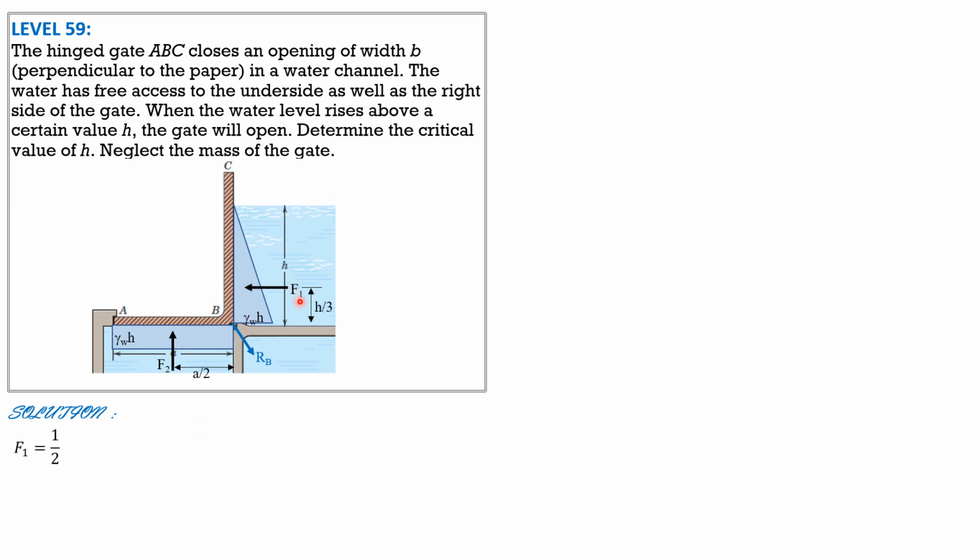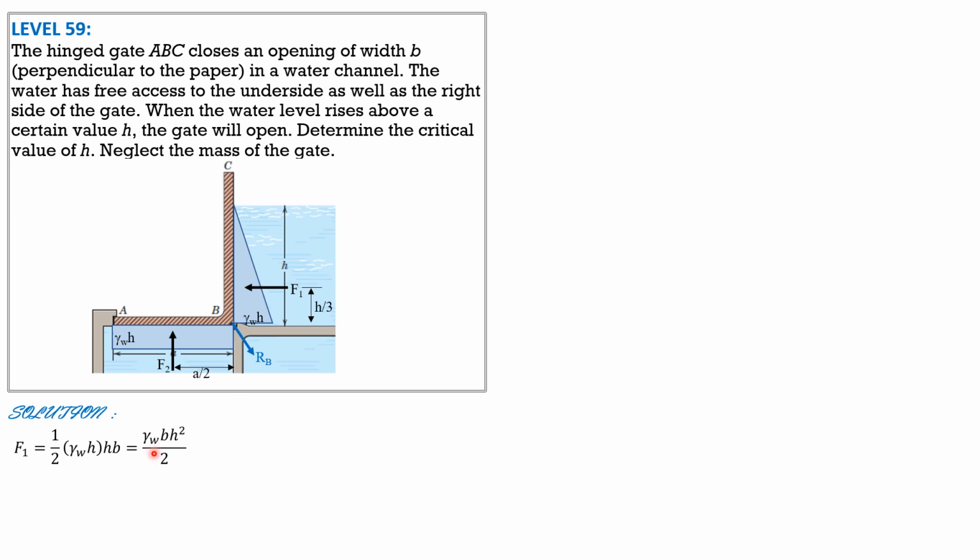So F1 times H over 3, which is equal to the volume of this pressure diagram, is 1/2 gamma H times height H, then times perpendicular to the board B. So that's the volume of this pressure diagram, and that volume is equal to F1.